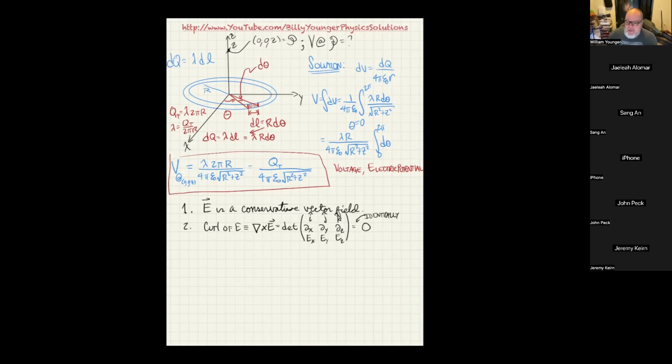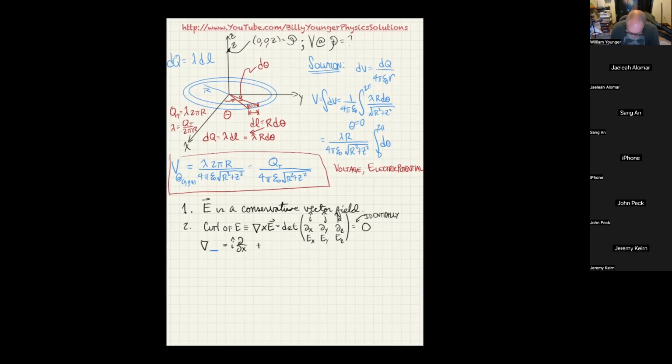So that process where I took the del operator, you can think of as an operator, which means its intent is to be put next to something. And when you put it next to something, you take the derivative of the thing that you put next to it with respect to x, and you multiply the answer times i hat.